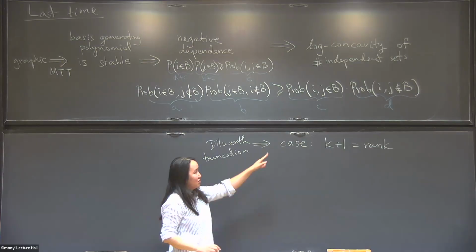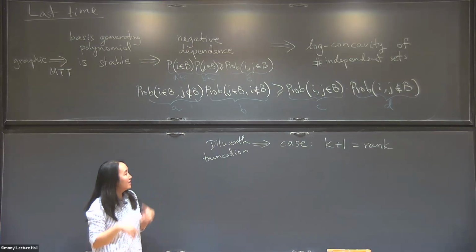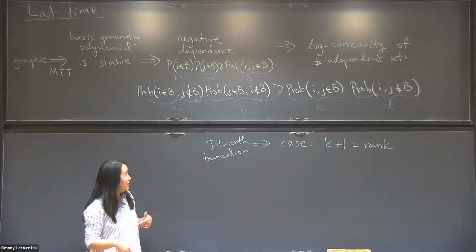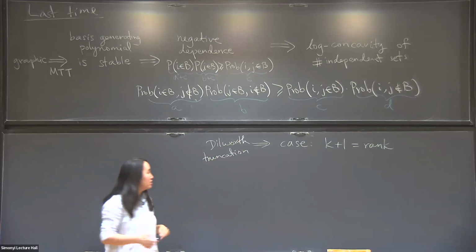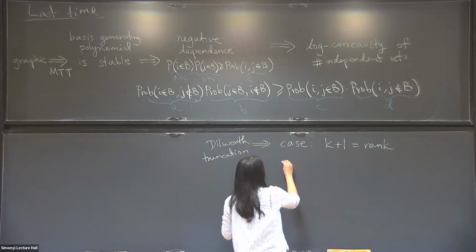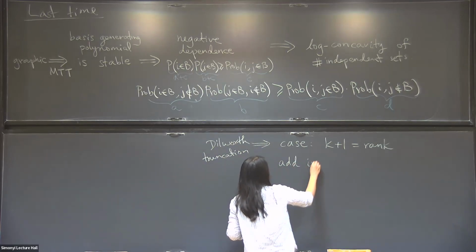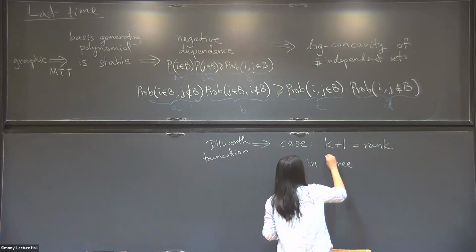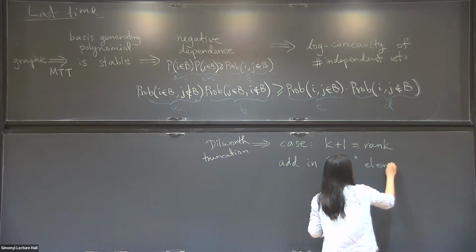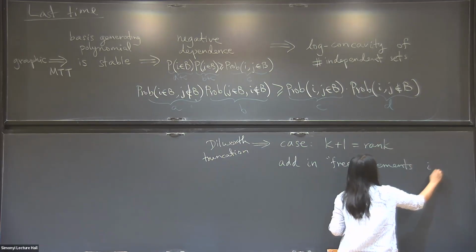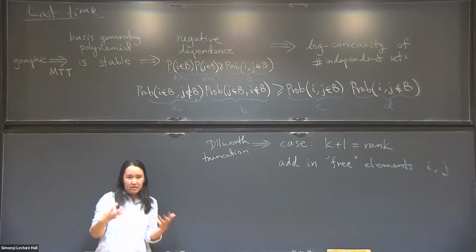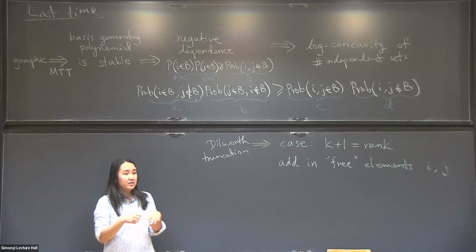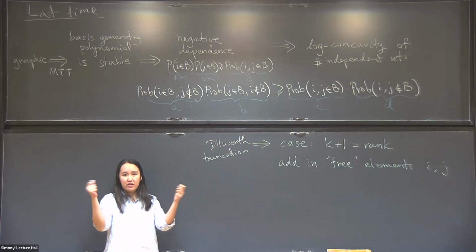We can reduce to the case where k plus 1 is the rank, okay? Now you take your matrix and add in two new free elements called I and J. If you're thinking about vectors, the intuition is that free elements are generic random new vectors in your vector space.